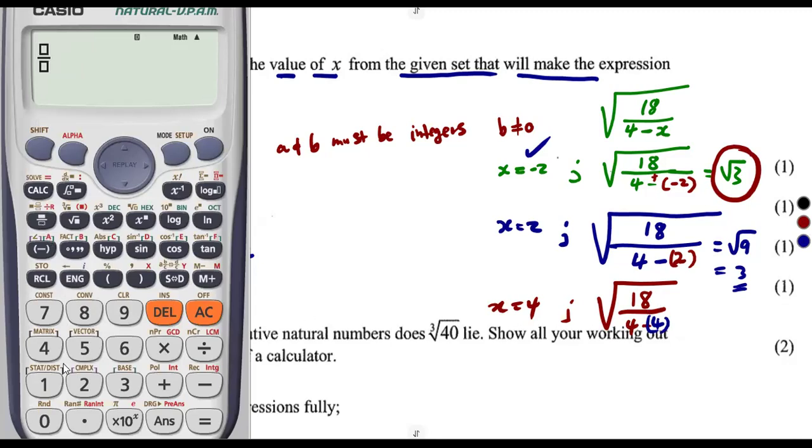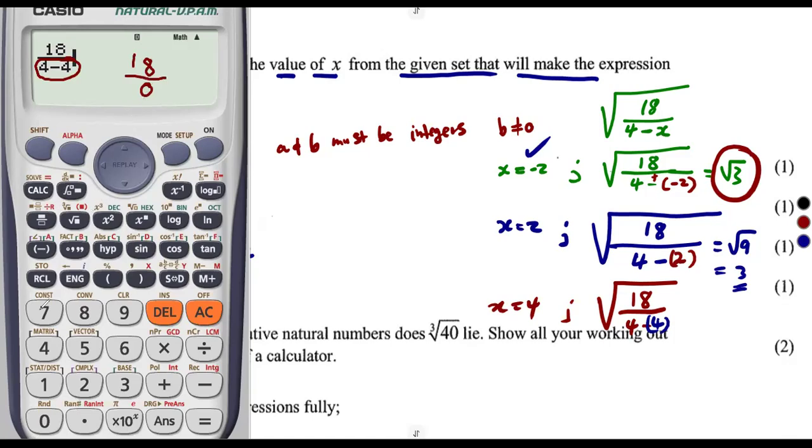Under the square root, there is 18 over 4 minus 4. This cannot be simplified because of the denominator here, 4 minus 4. 4 minus 4 is 0. So it's like we've got 18 over 0.